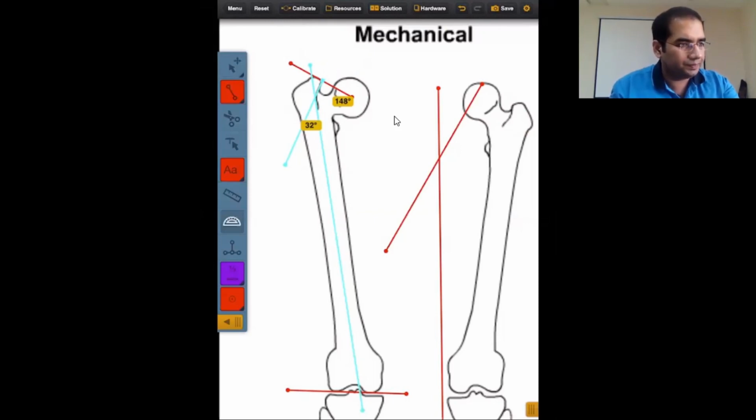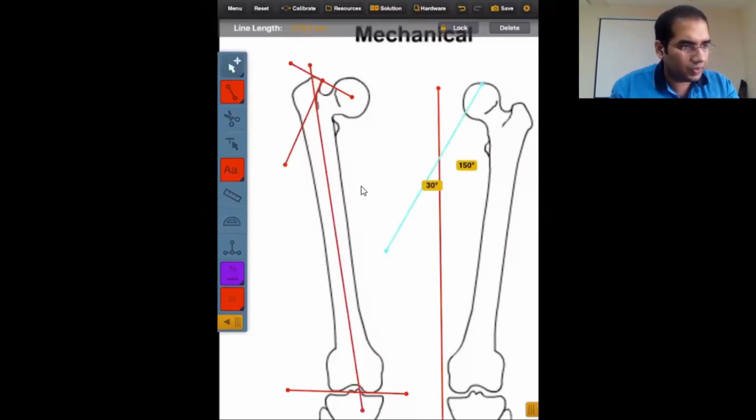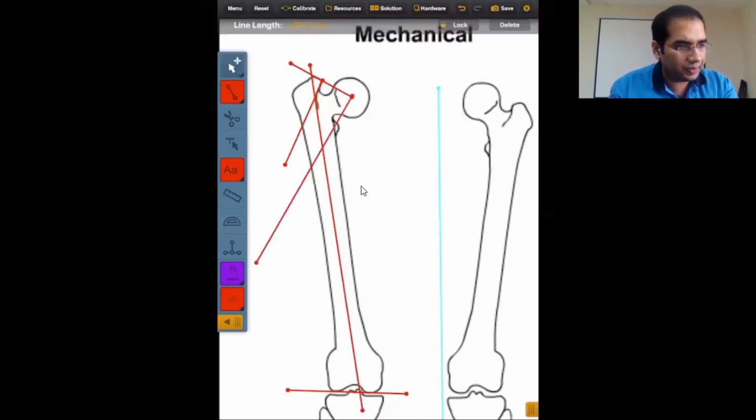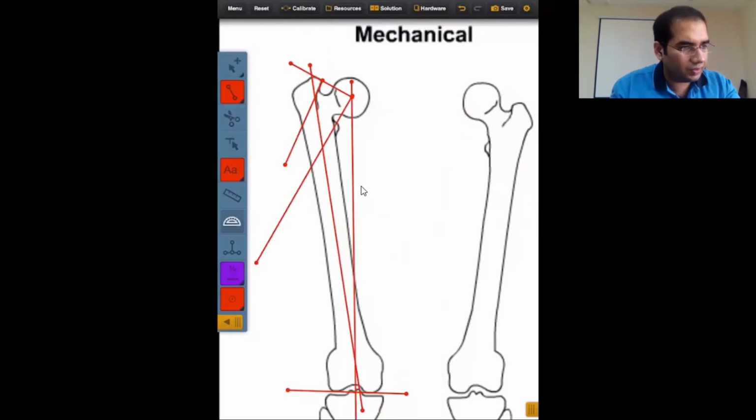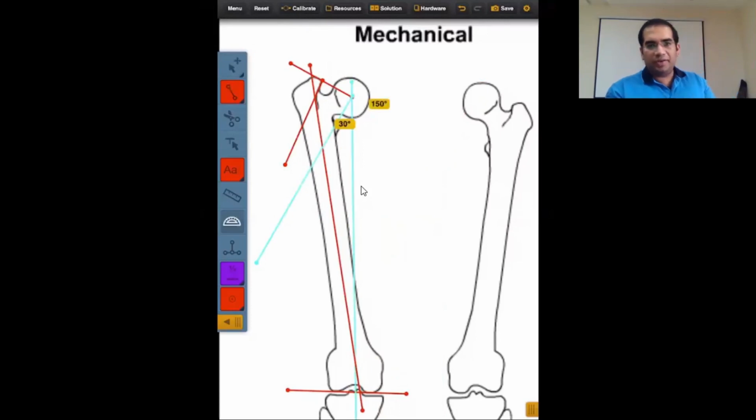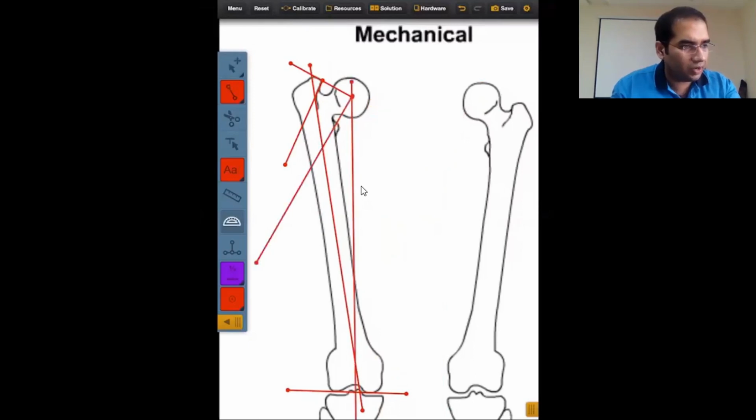and this is the location of the deformity. And when we used this reference line, the mechanical axis, the magnitude of the deformity with these two lines was 30 degrees, and when we used the anatomical axis planning, it is 32 degrees.